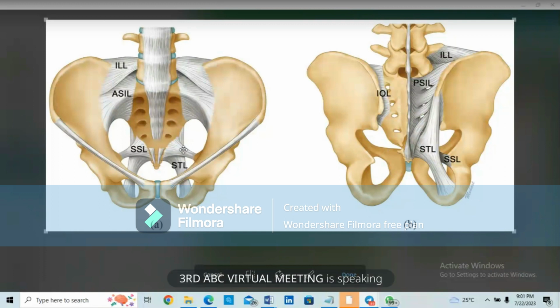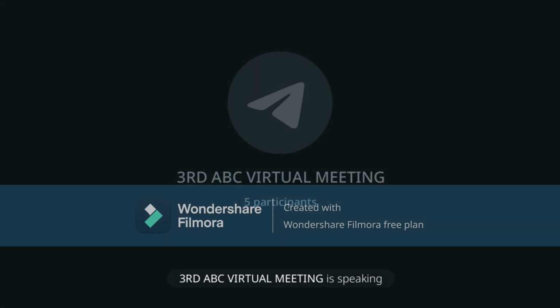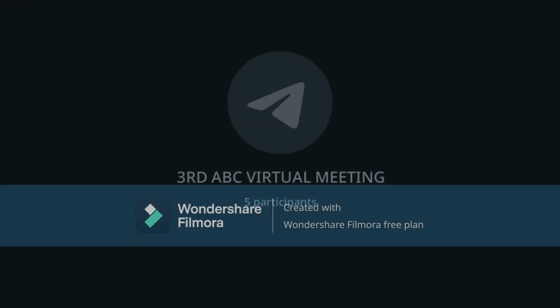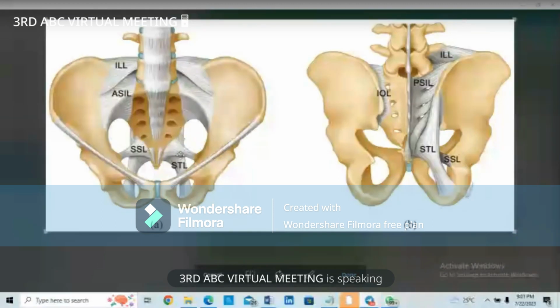So that's major. But if you notice here, anteriorly, this is the sacrospinous ligament here, and the one you see running downwards to the ischial tuberosity here is called the sacrotuberous ligament. So it's divided to form this greater sciatic foramen and this lesser sciatic foramen. So that's the major importance of that.